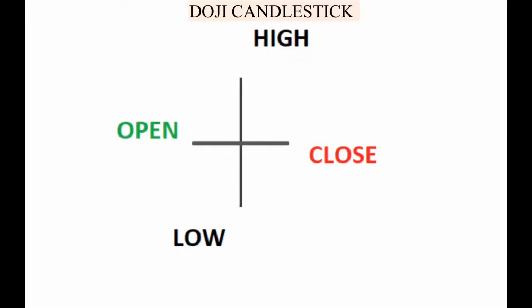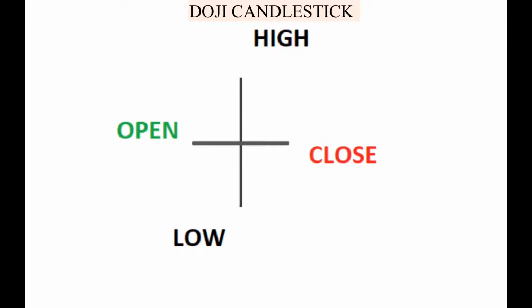Before I introduce you to the next candlestick pattern formation, this is the Doji candlestick. I mentioned earlier in my previous video that there's this candlestick which has the same open as the close. So price opened and closed at the same price. This candlestick represents indecision.